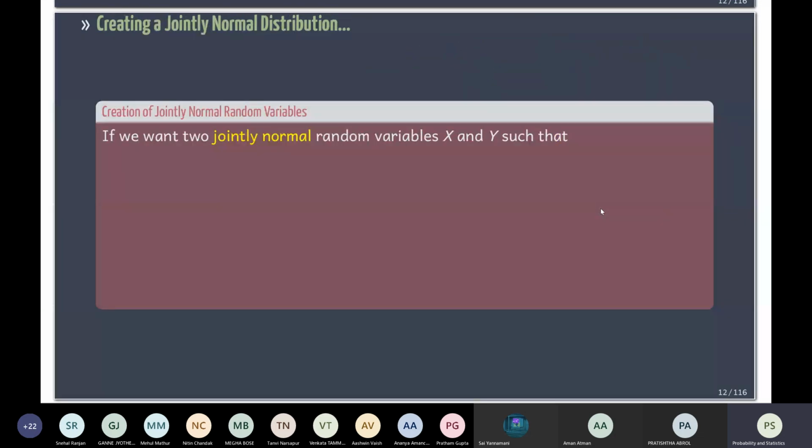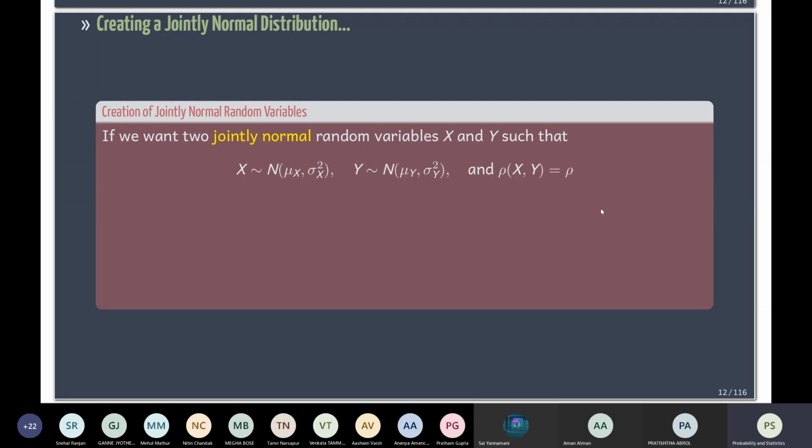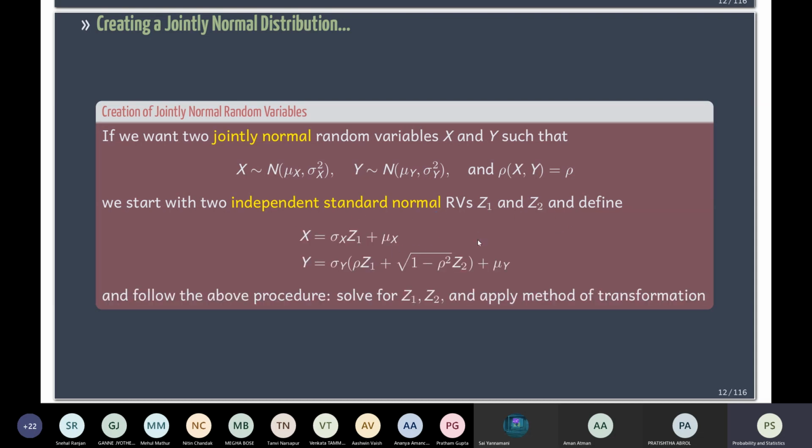Okay, so how do you now create a jointly normal distribution? If you want two jointly normal random variables x and y, where the means, variances and rho are known to you, then we start with two independent standard normal random variables, and you can define them to be like this.